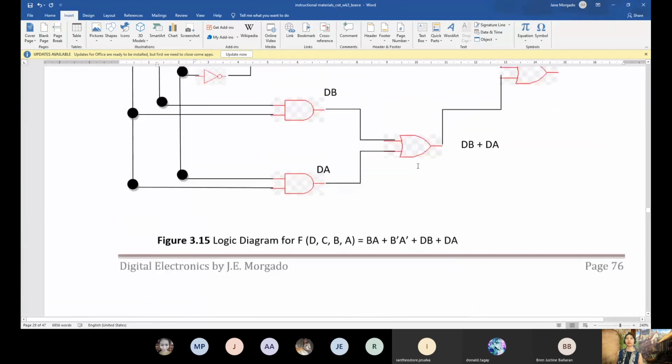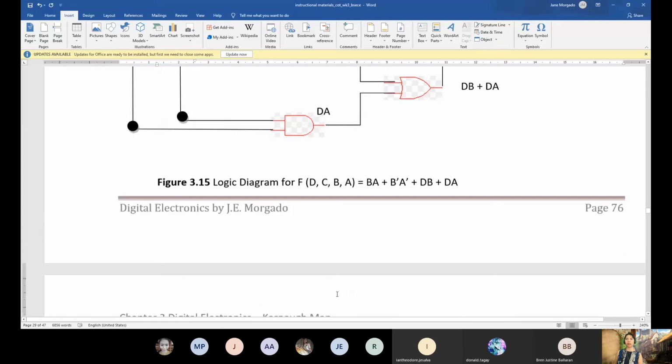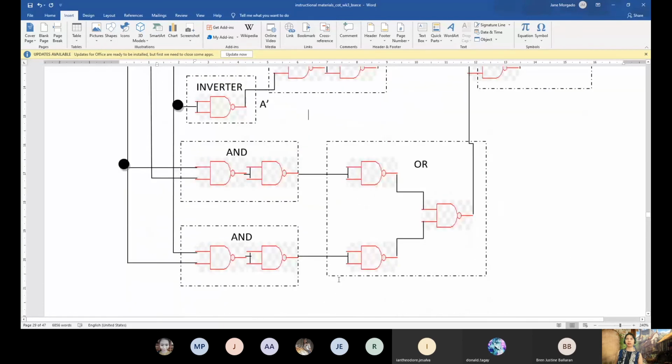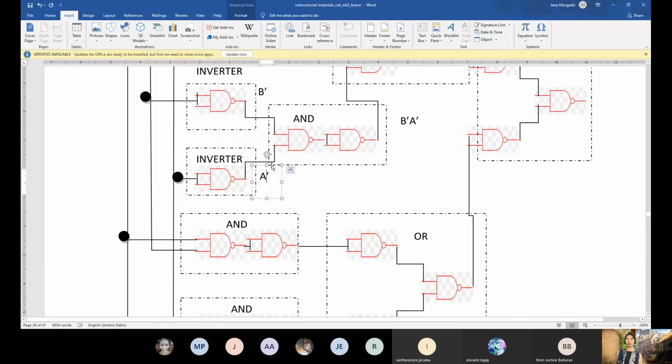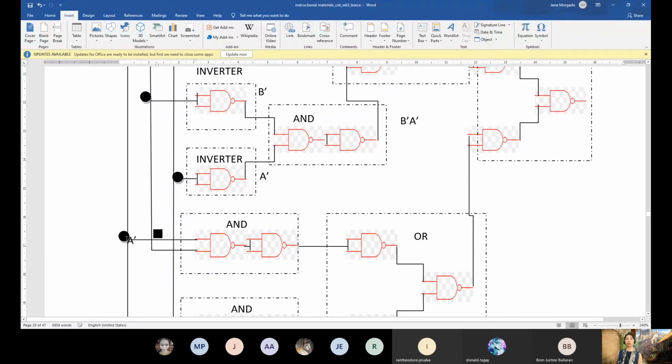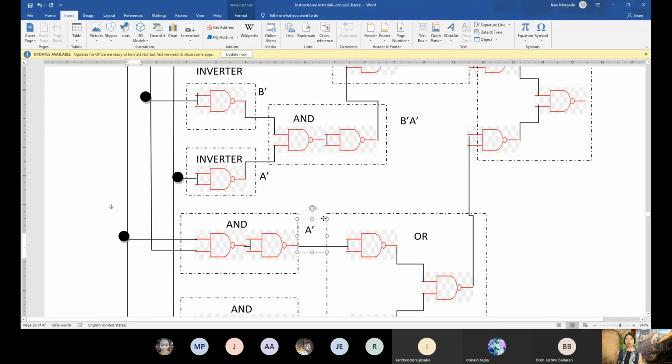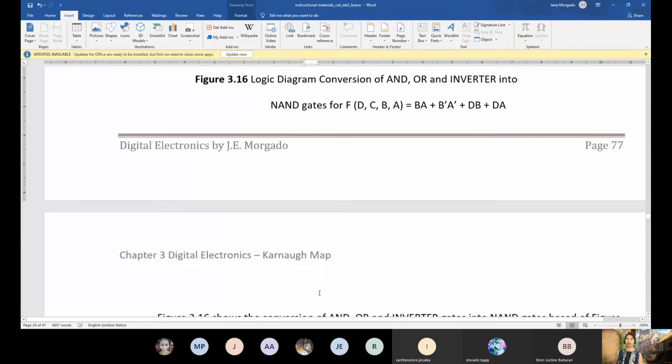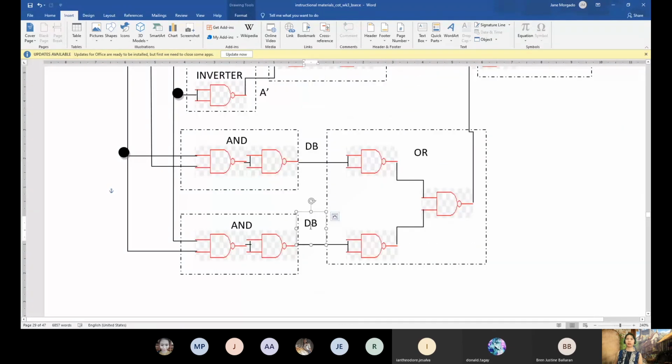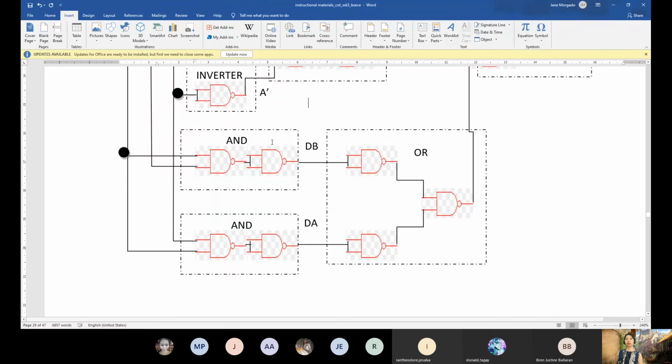So what else? We have DB and DA. This is DB, and DA.